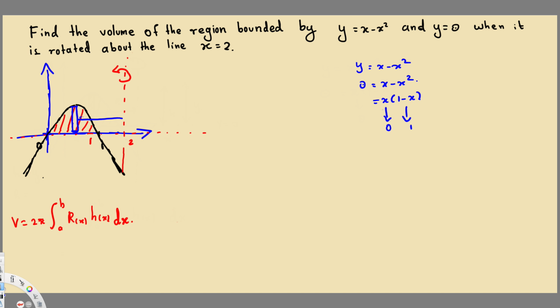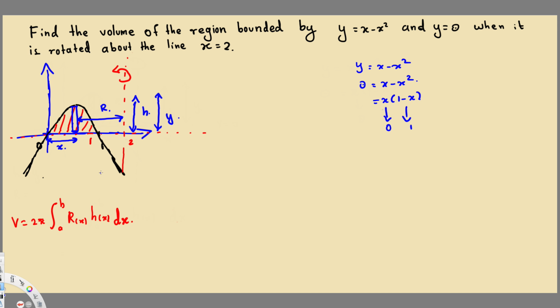So this is r, and x is the distance from 0 to the rectangle. The height is the height of this rectangle, and y goes from 0 to the top of this rectangle, so that's also y.